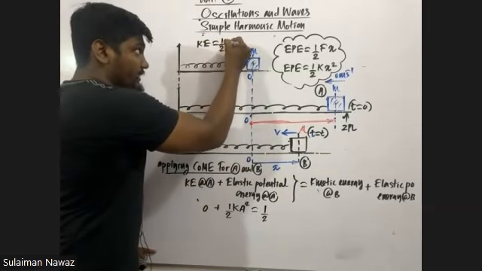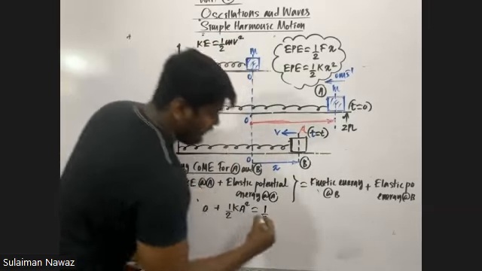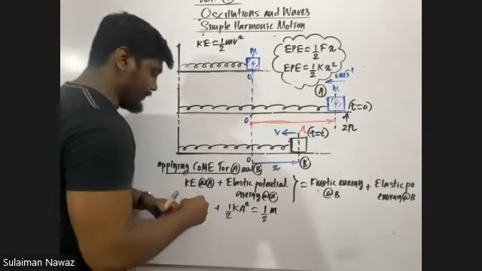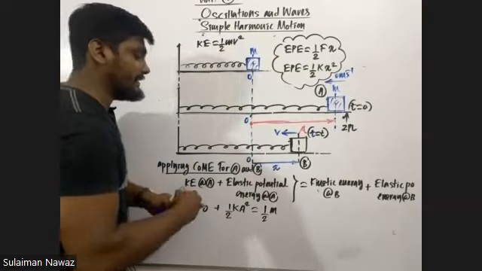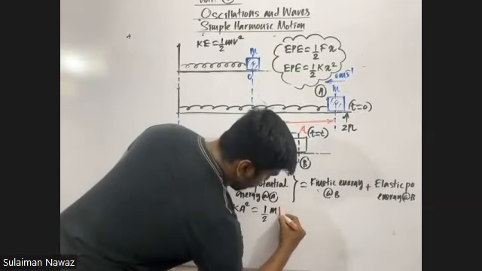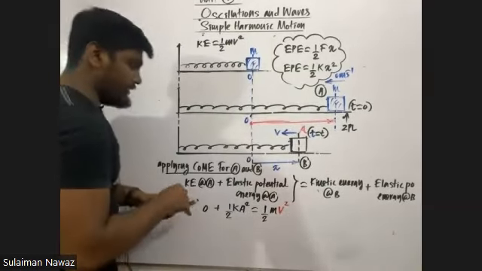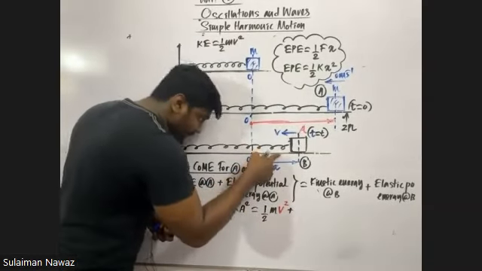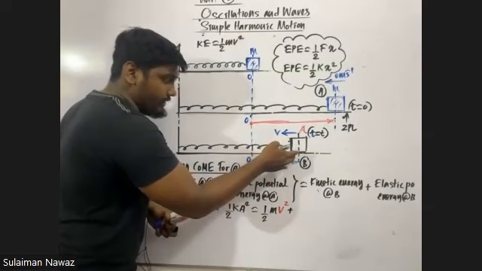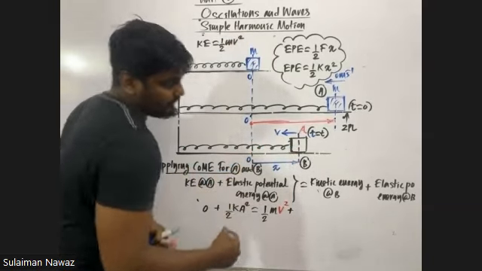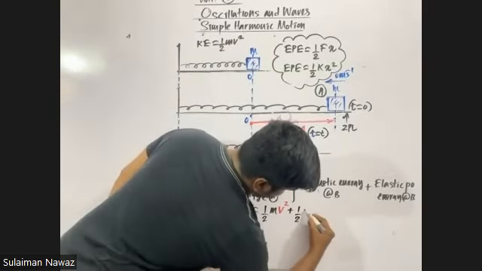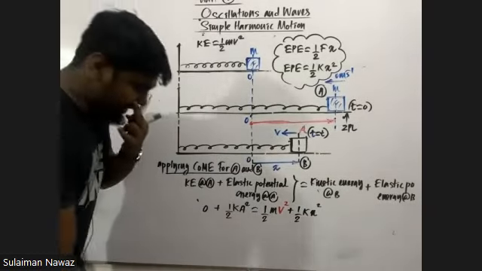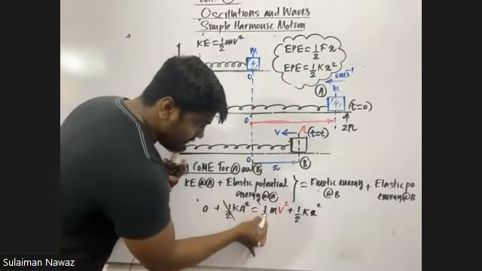You must know these things, right? Velocity is capital V, which is what we want to find, the instantaneous velocity. So half m V squared plus the elastic potential energy of the spring at position B, where the extension is x: half k x squared.